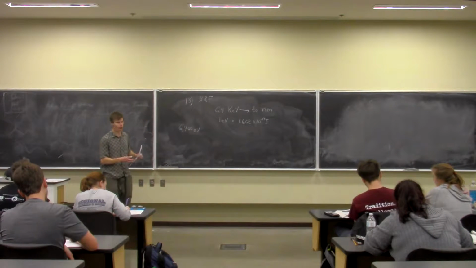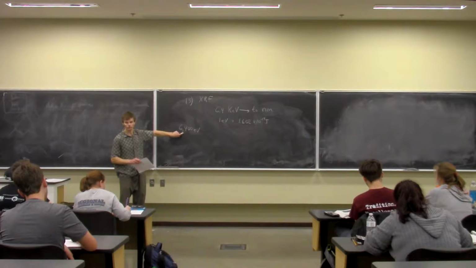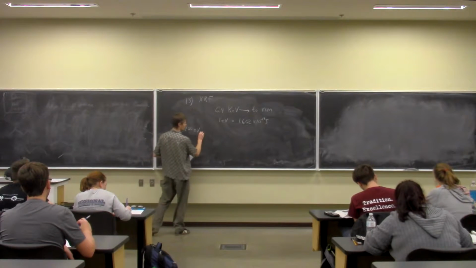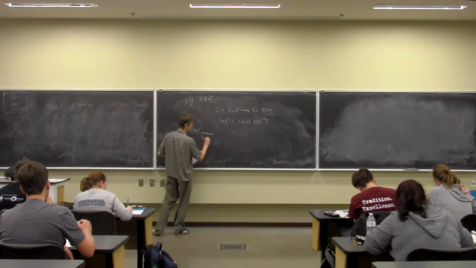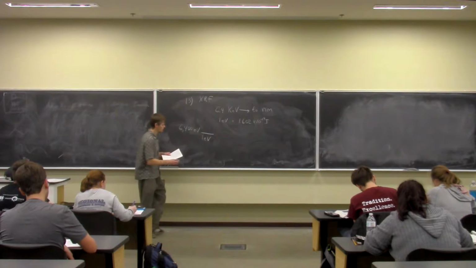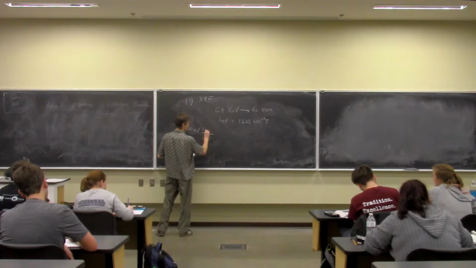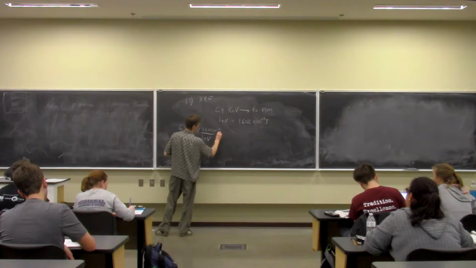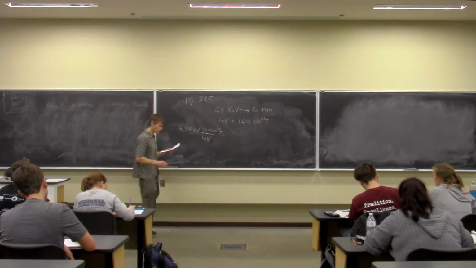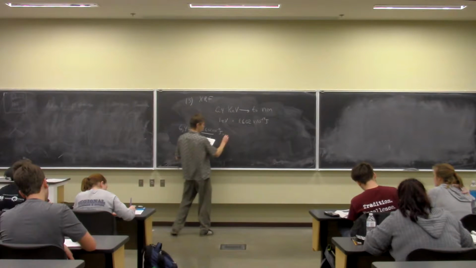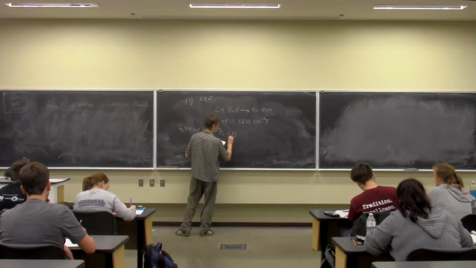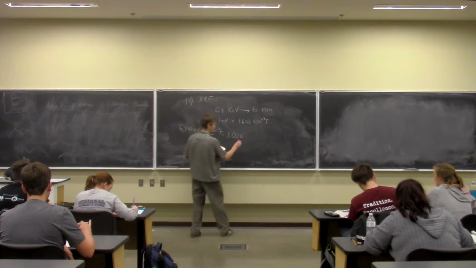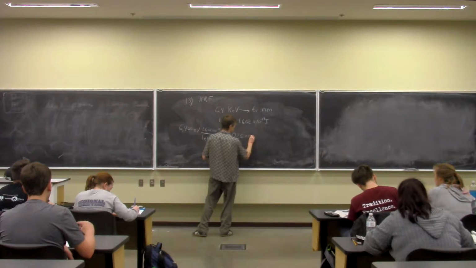6.4 kilo electron volts is 6,400 electron volts. Our conversion factor, 1 electron volt, that's going to be 1.026 times 10 to the negative 15 joules.